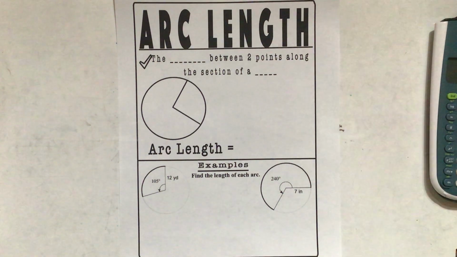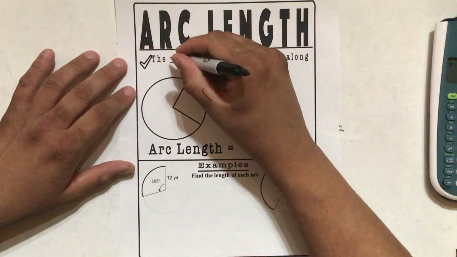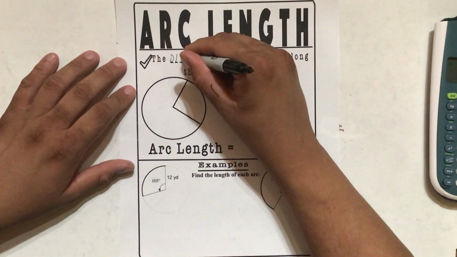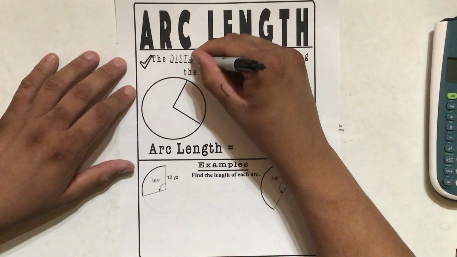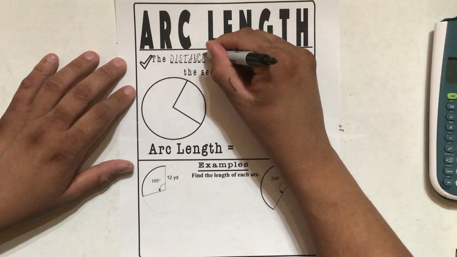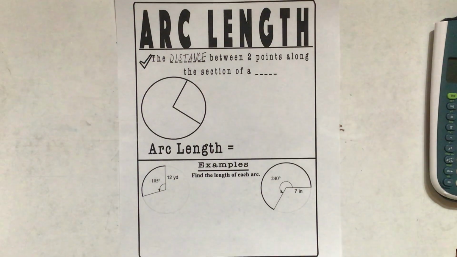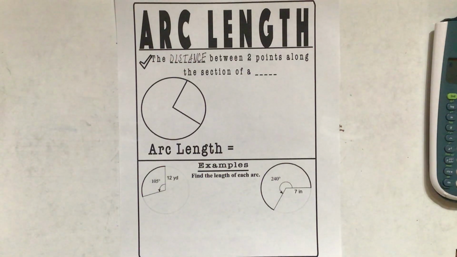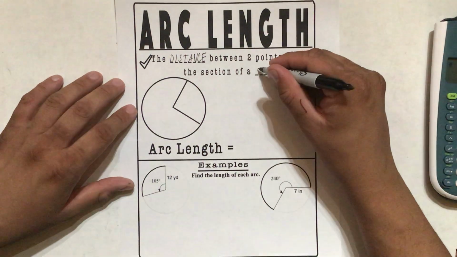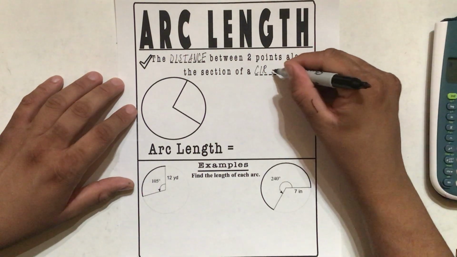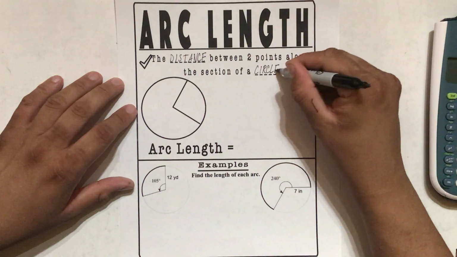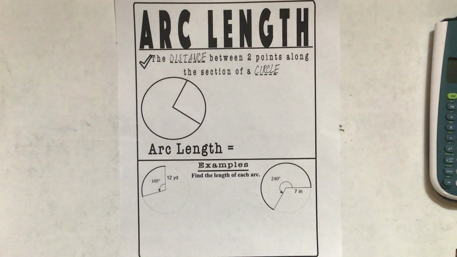All right, today we're going to learn about the arc length of a circle. So our notes say the distance, what goes here in this empty space? The distance between two points along the section of a circle.